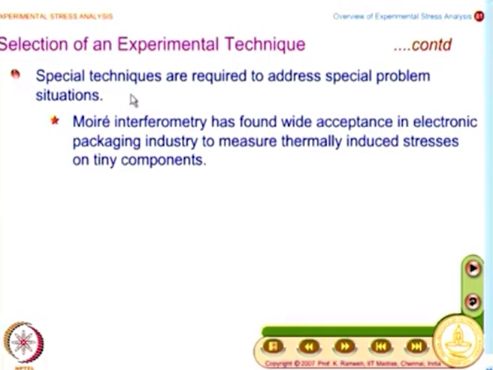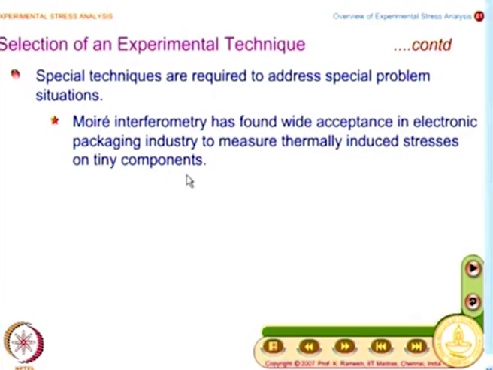And the moment you think of Moiré interferometry, you have to think of the electronic packaging industry, and you find it has found wide acceptance there to measure thermally induced stresses on tiny components.